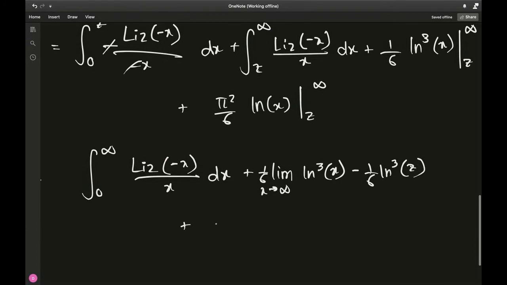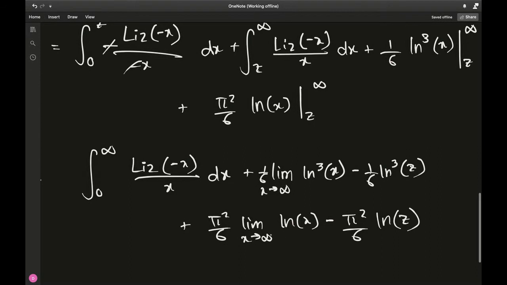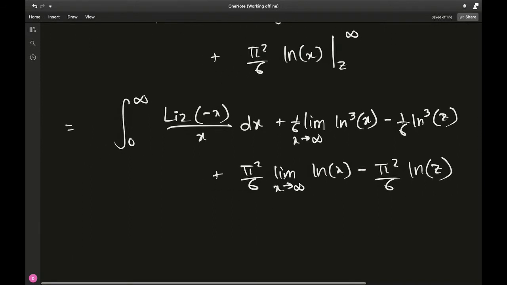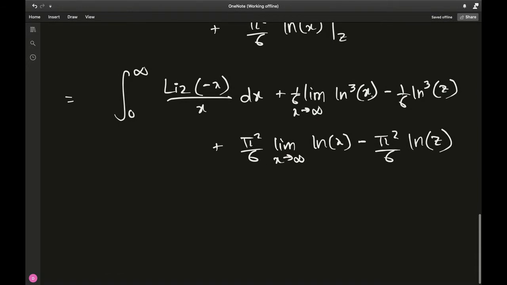So we'll have pi squared over 6 limit as x tends to infinity natural log of x minus pi squared over 6 times natural log of z. Okay, although these limit terms are divergent because natural log at infinity will blow up to infinity, we still haven't looked at this integral.